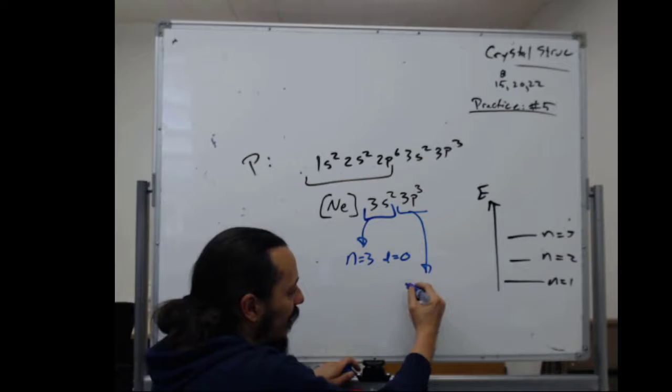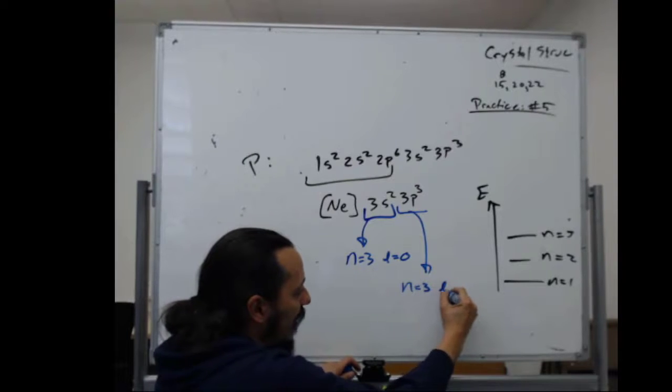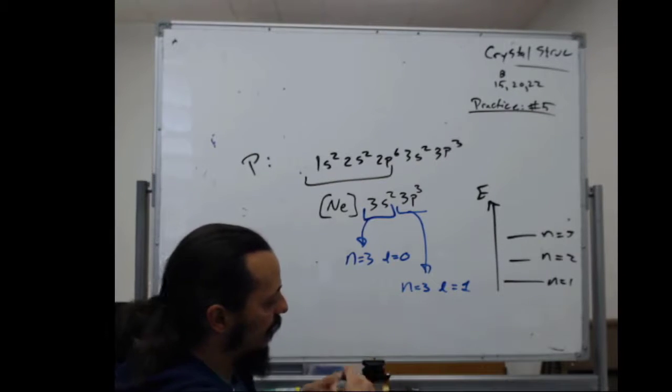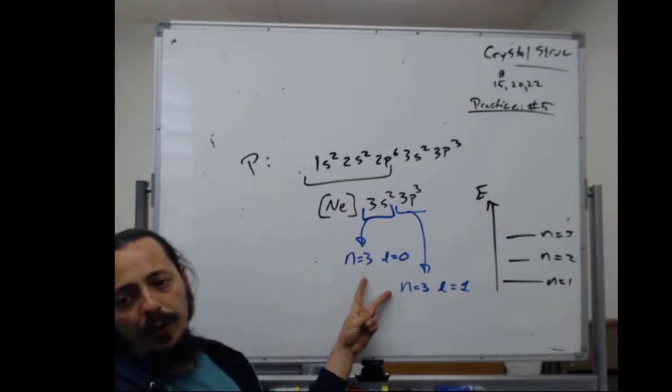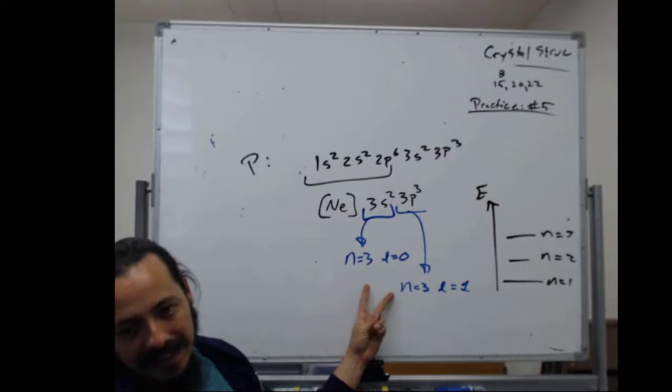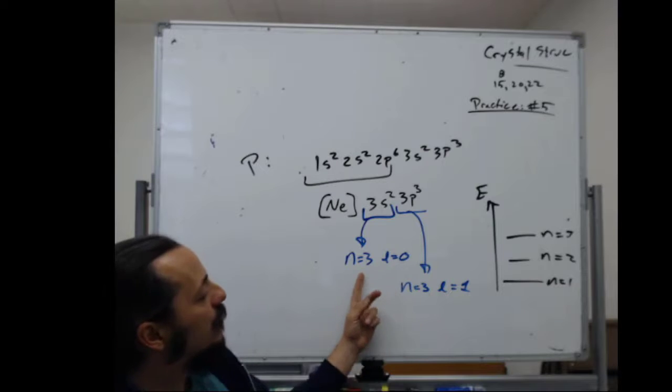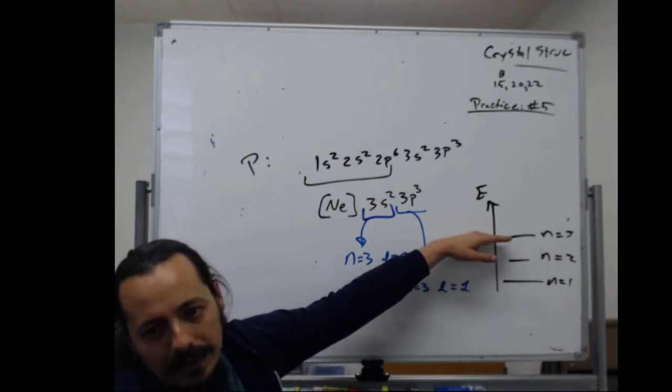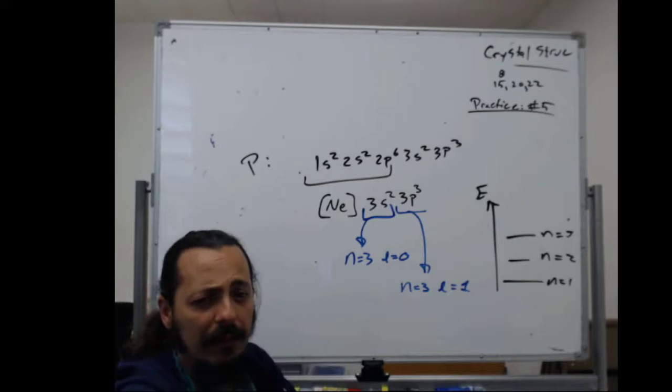These electrons are n equals 3, L equals 1. But both of them are in the n equals 3 state. So they're all going to be in the same energy level, roughly.